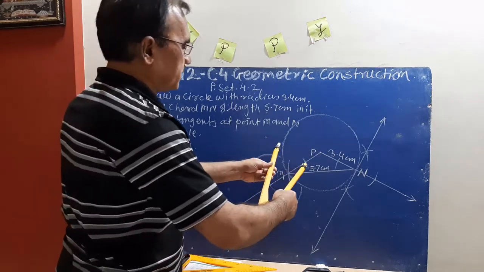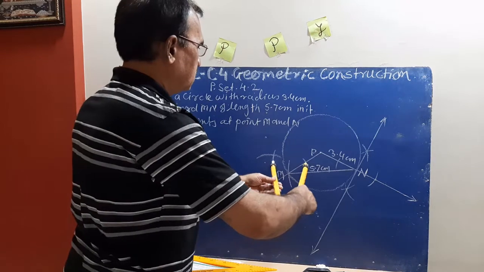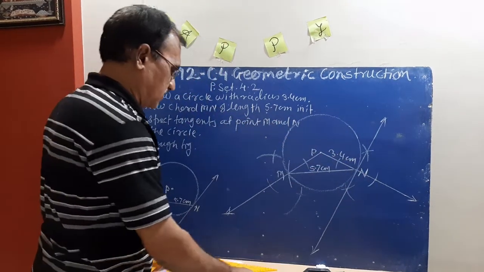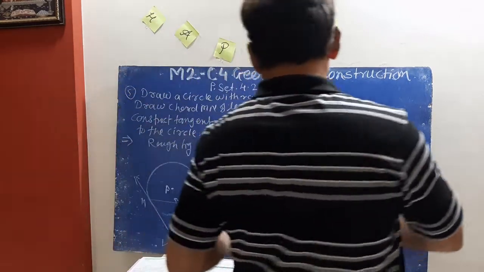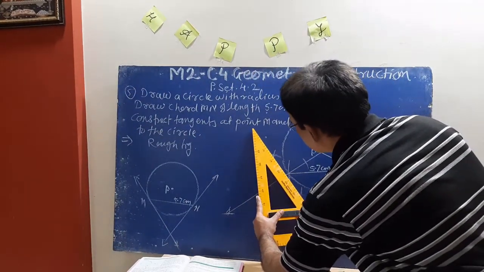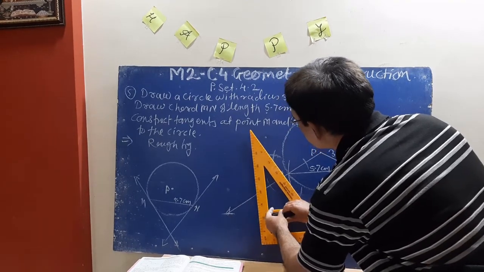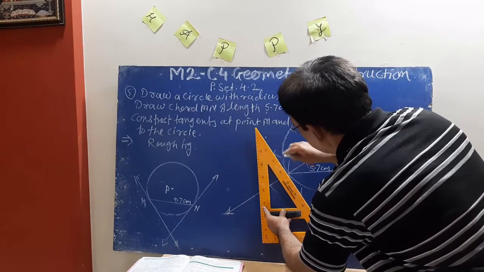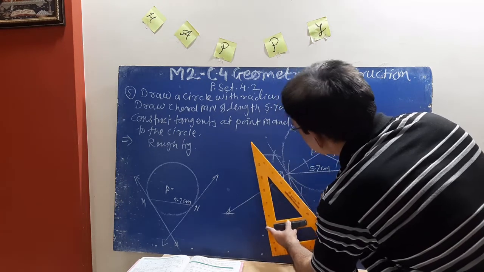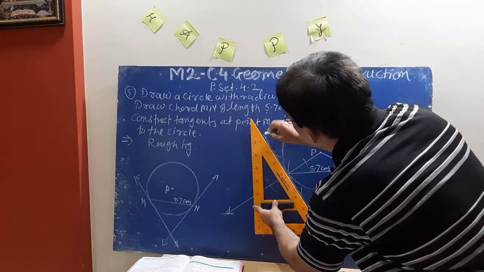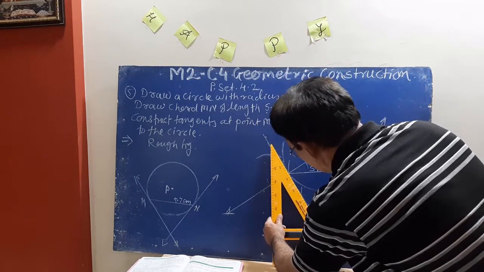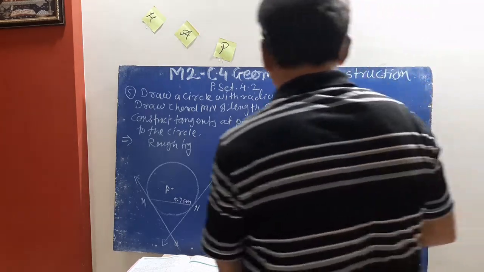Then put the pointer on this point, draw arcs which intersect the previous arcs. And if we join these 2 points, this is the tangent which is passing through point M.